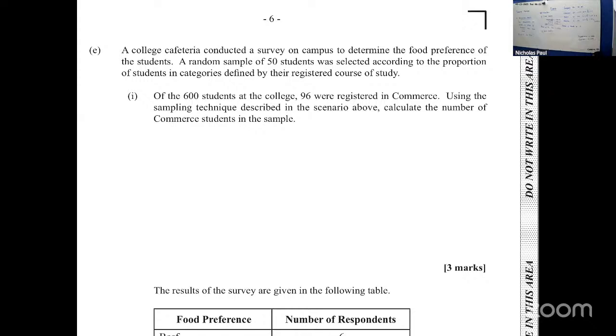Next week we'll go over the form 5 stuff: mean, median, mode, and that kind of thing. So we can run into module 1. Just ignore the pie chart.